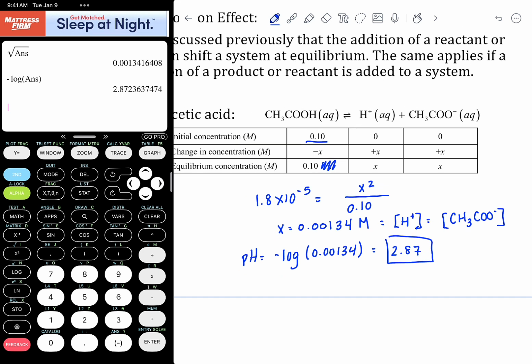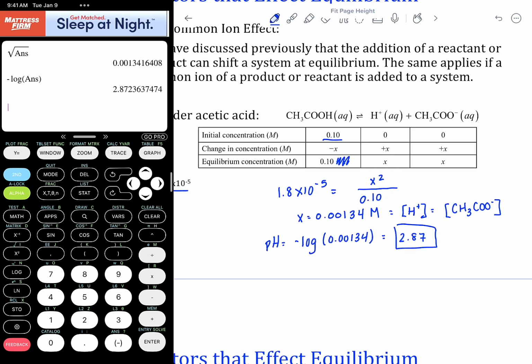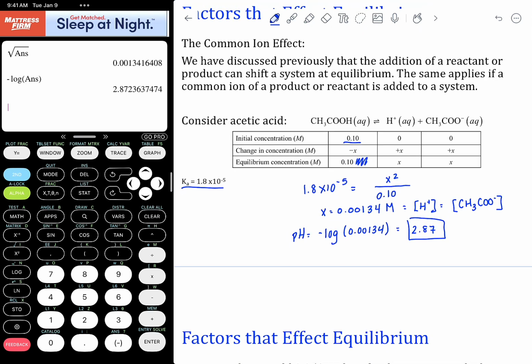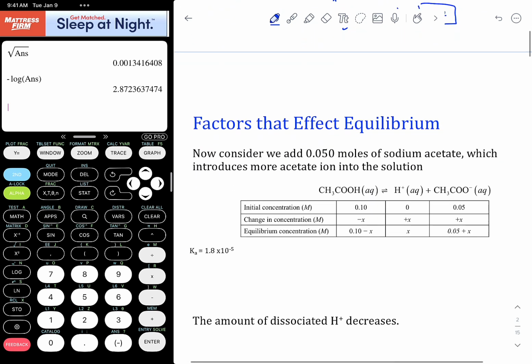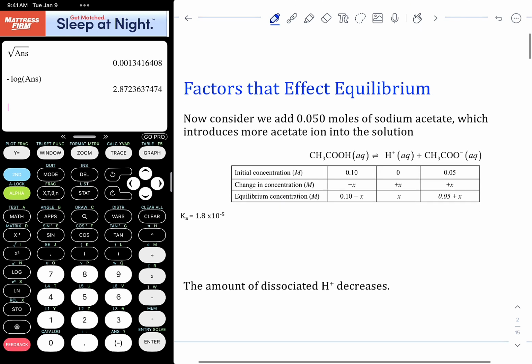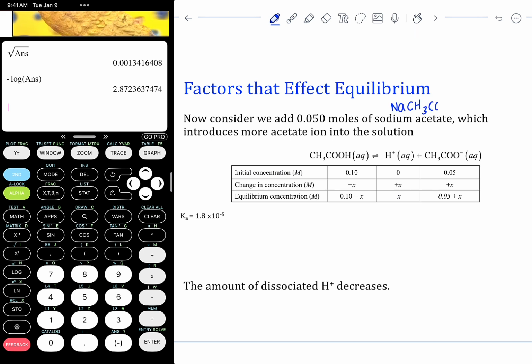Now, what if we were to disturb that equilibrium? What if we were to add an additional ion, a common ion, to the product or reactant side of this system? So let's think about that. Now consider that we add 0.05 moles, or a 0.05 molar solution, of sodium acetate, which introduces more acetate ion into the solution. So remember, sodium acetate is just NaCH3COO.